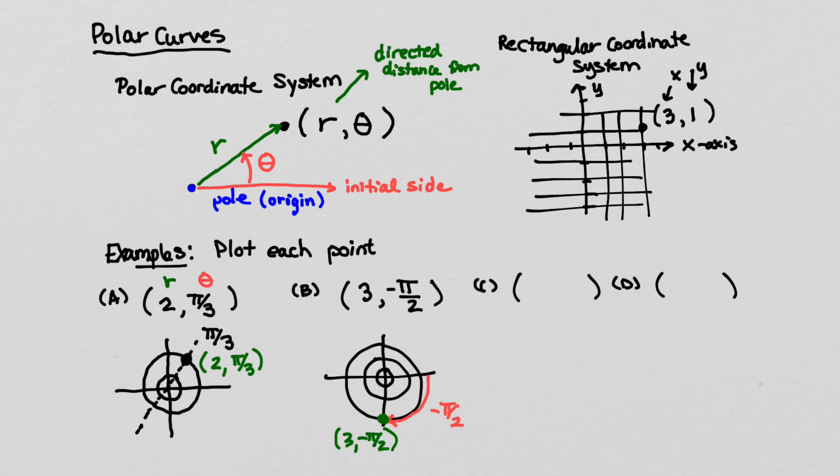Now, r is not restricted to be positive. R actually could be negative. So what would we do if we have the point negative 1 comma 5 pi over 6? Again, I always start with my angle first. Negative 1 comma 5 pi over 6.